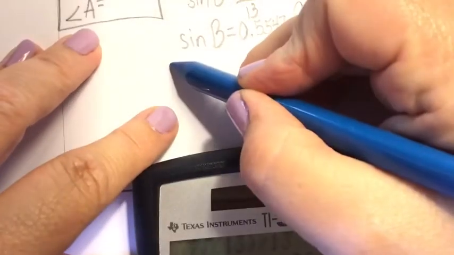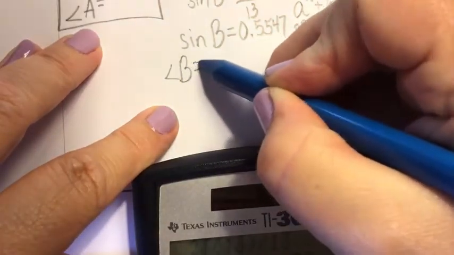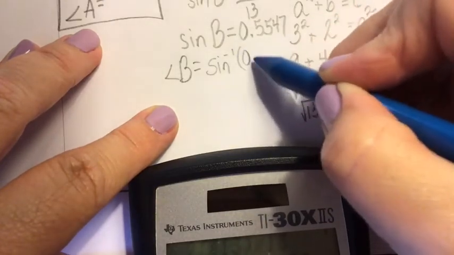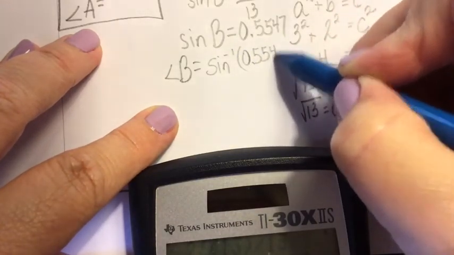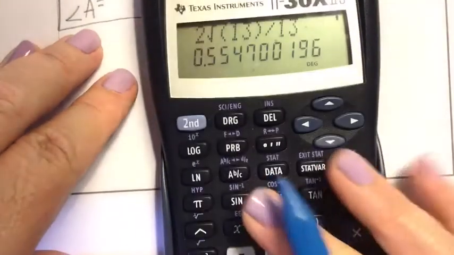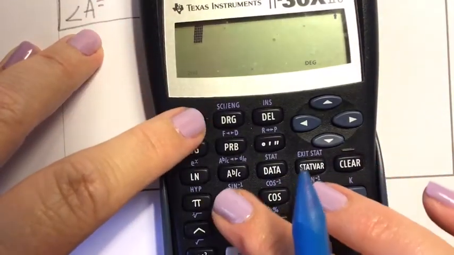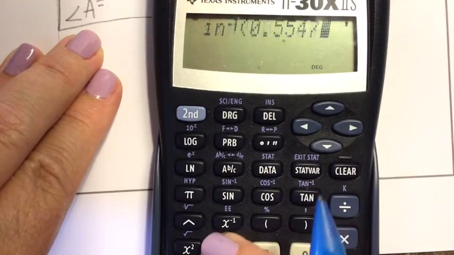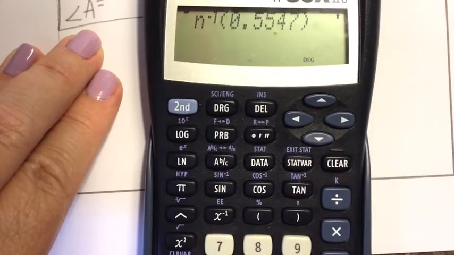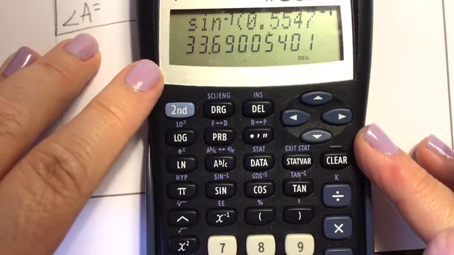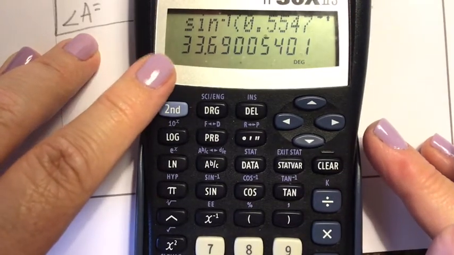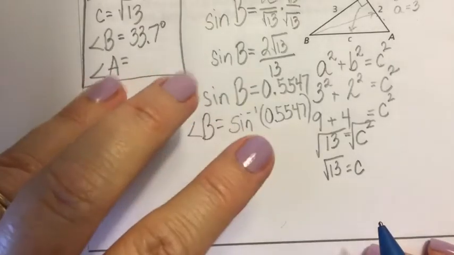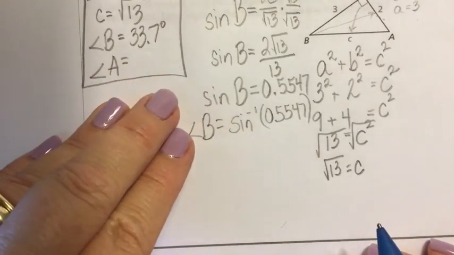Now, to find angle B, I do inverse sine 0.5547. Angle B is 33.7 degrees. There are 3 other ways we can find angle A, and I'll show you all 3 ways.